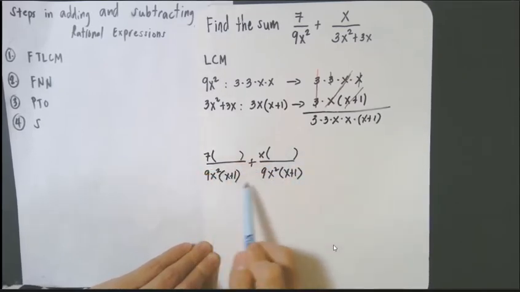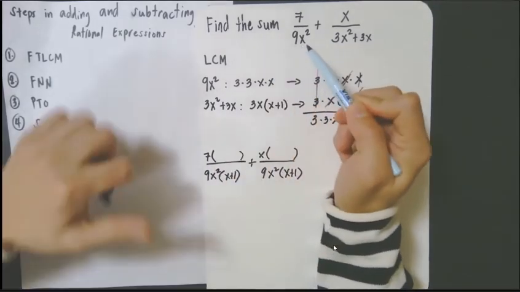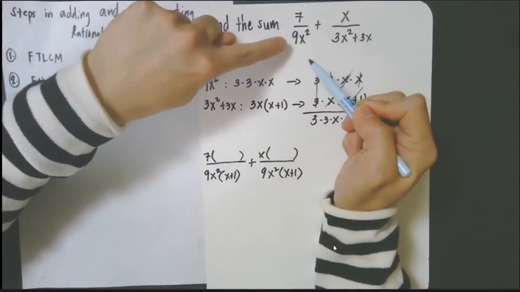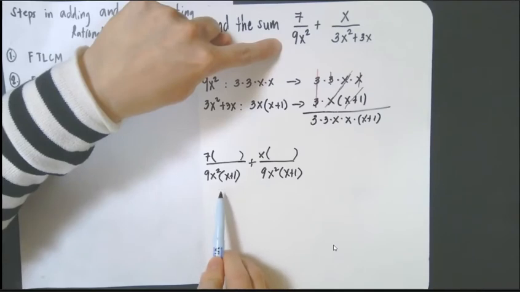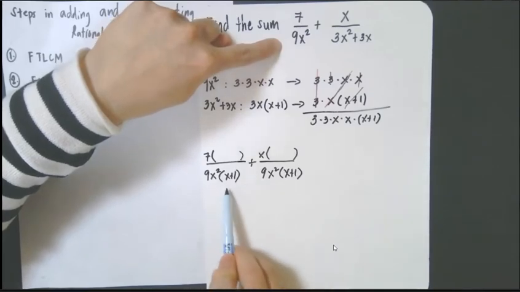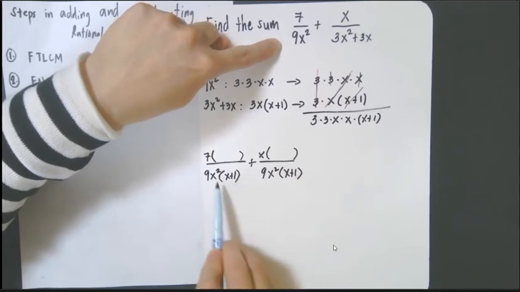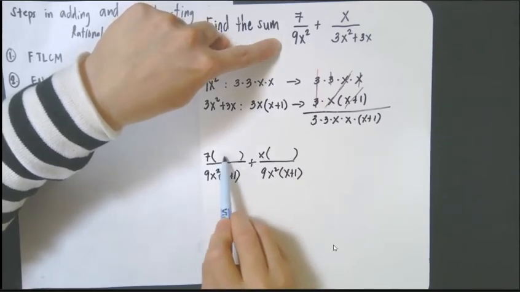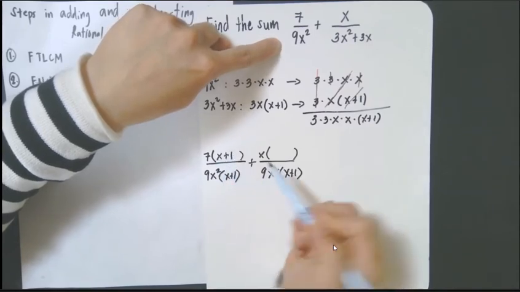We need to compare your LCM or the new denominator to your old denominator. So if you try to see, your old denominator is 9x squared, while your new denominator is 9x squared times x plus 1. So the new factor here is x plus 1. So we would write that x plus 1 here in this parenthesis. So that's the difference of the two denominators.